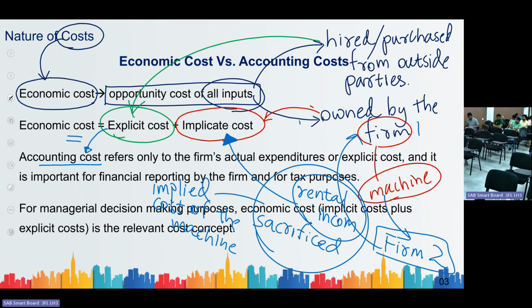Likewise, if the firm owns a building, the rental income foregone by that firm is a part of implicit cost. If the firm owns its own vehicles, the foregone rental income is a part of implicit cost.